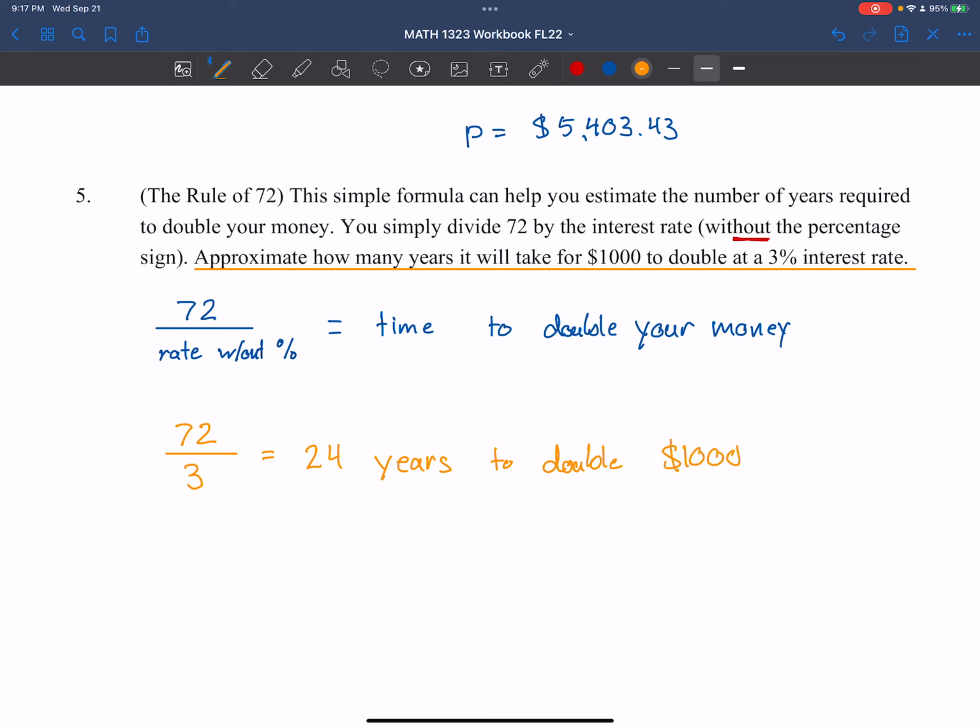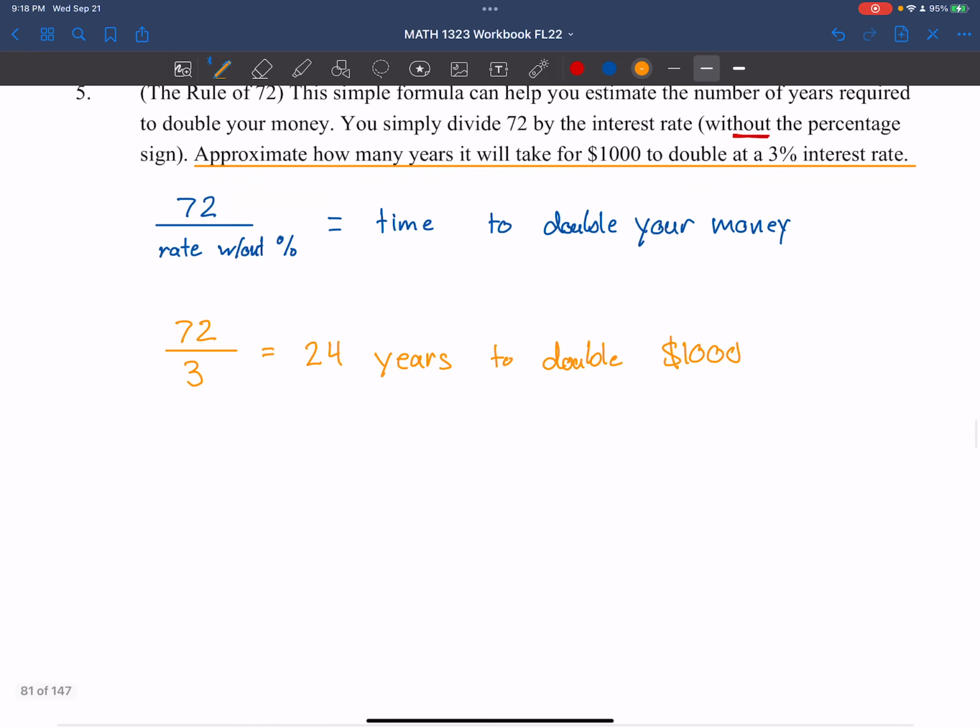So if you're comparing rates and you're like, how much should we put here? And you're like, I want to double this much. You could look at the account and just look at its interest rate, and you could just eyeball it. And again, we can verify this. Let's go ahead and verify in a compounding interest account, which starts with $1,000. We have 1 plus 0.03, so 3% rate, unless it compounded just yearly.